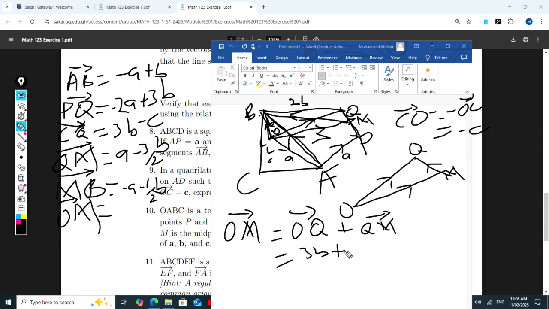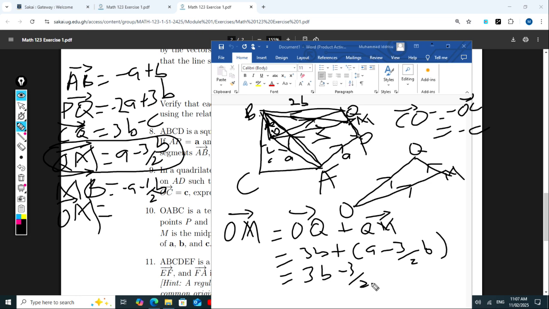QM is already here, so plus a minus 3 over 2b. So this is QM, we are using it. I have 3b minus 3 over 2b plus a.